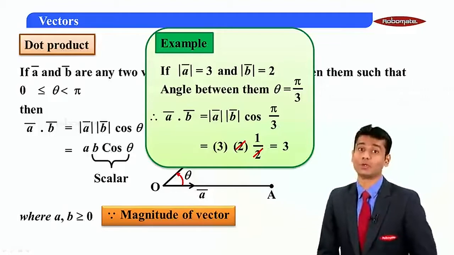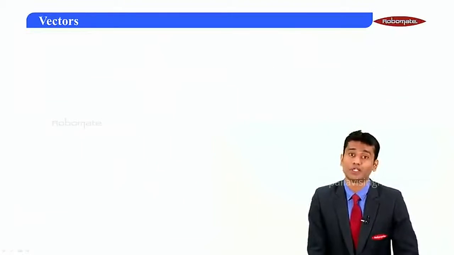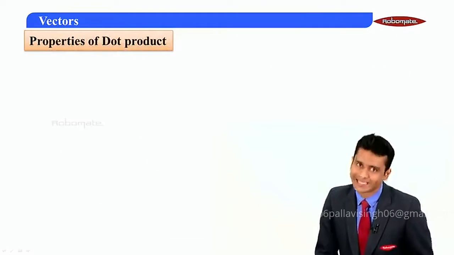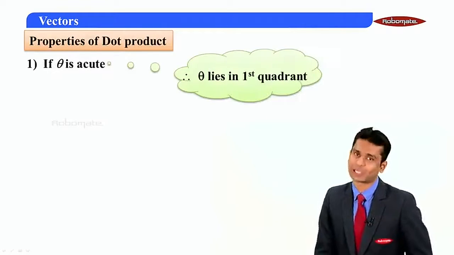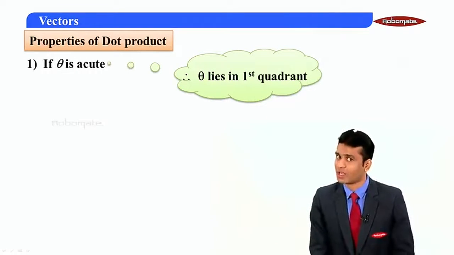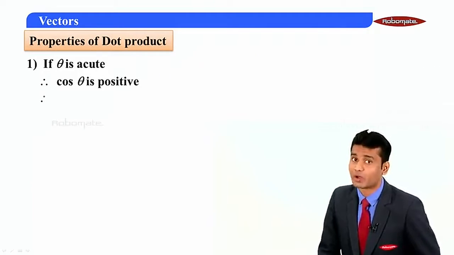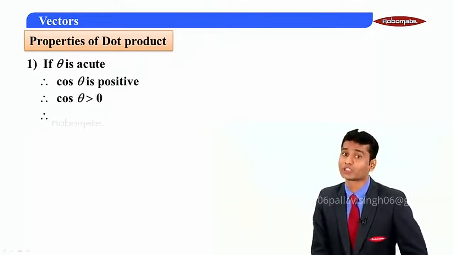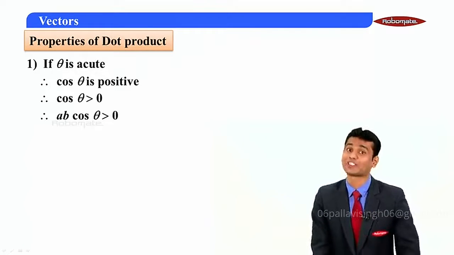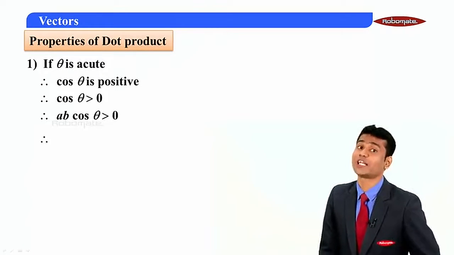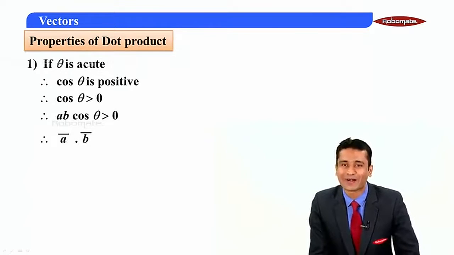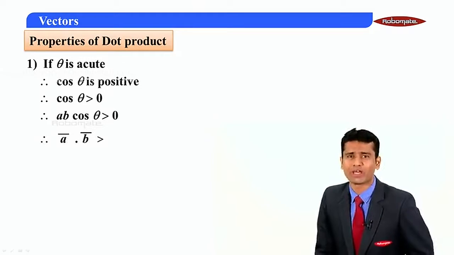Now let us come to properties of dot product. The first property says if theta is acute, meaning theta is in the first quadrant, cos theta is positive. If cos theta is greater than 0, AB cos theta is greater than 0, so A bar dot B bar is greater than 0. You are very correct.